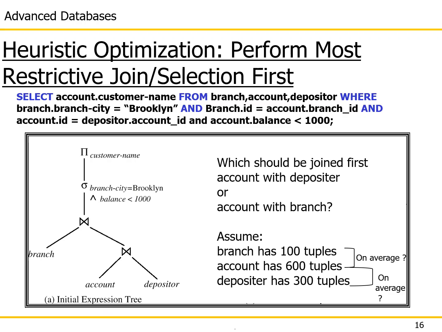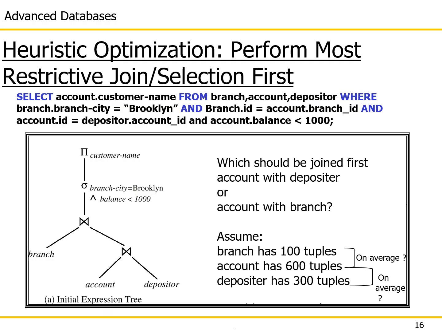So let's look at the example I have put here, the numbers at the bottom right of the screen. If branch has 100 tuples, and account has 600 tuples, and depositor has 300 events or tuples, so 300 times someone went in and made a deposit. Now, if there is a balance between those tables, which means the data is evenly distributed, I mean by that on average, if I say I have 100 branches and 600 accounts, on average I have 6 accounts per branch.